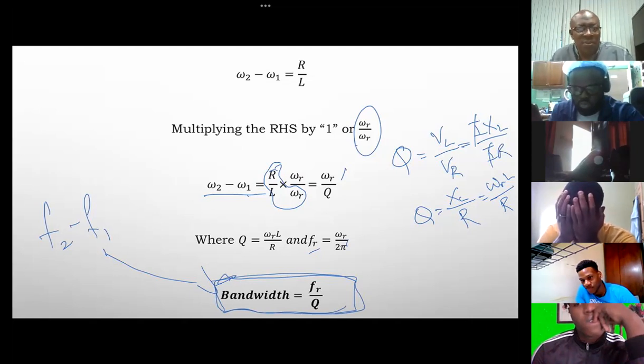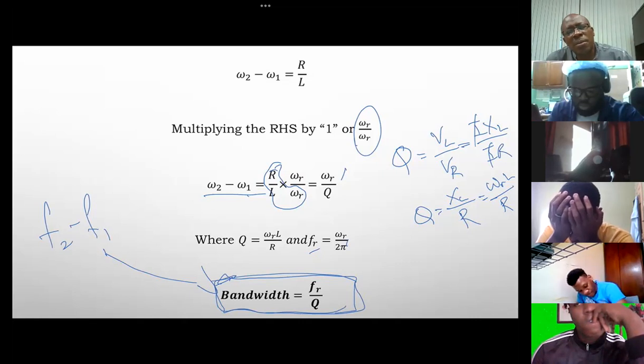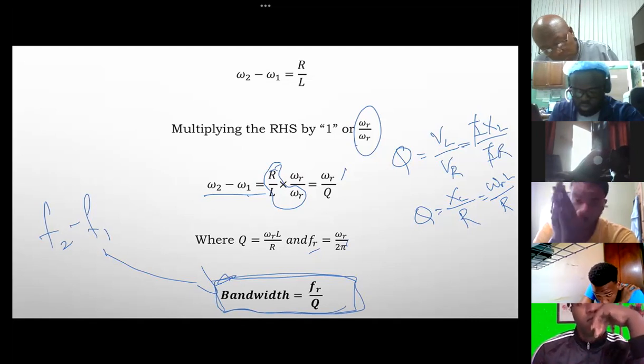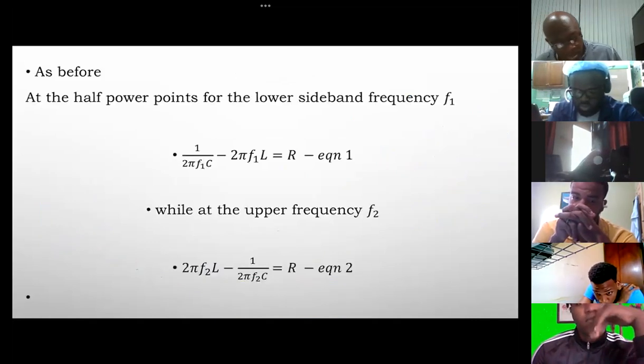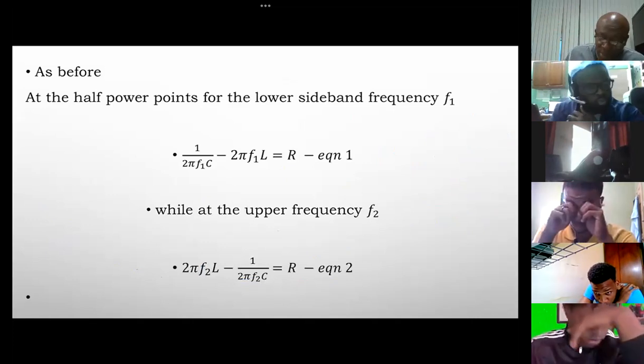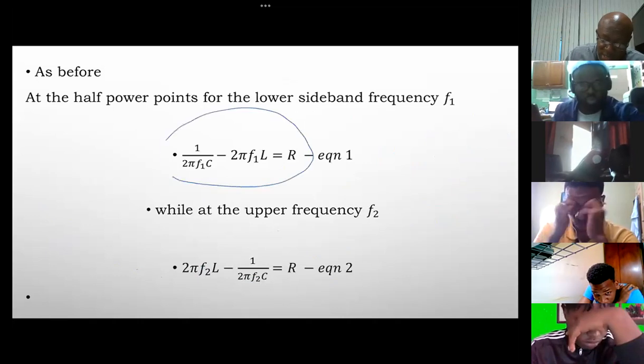I'm going to go back to the same formula that we started out with, meaning looking at XC and XL at F1 and F2. So I'm going to go back there. All right, so let's do that. So there are 4 points which we just established. We know that this is true. We have shown that already.